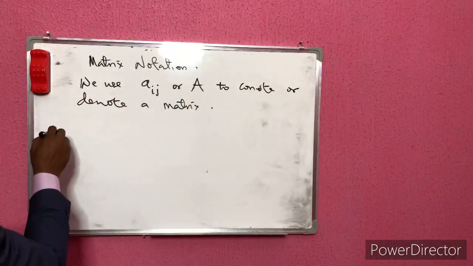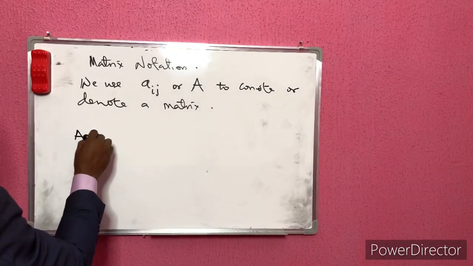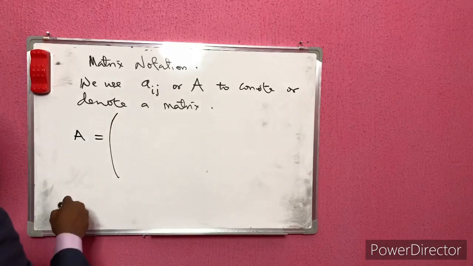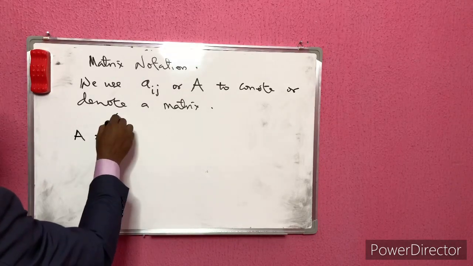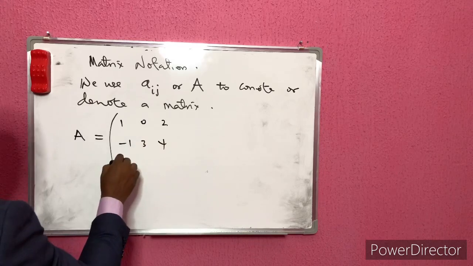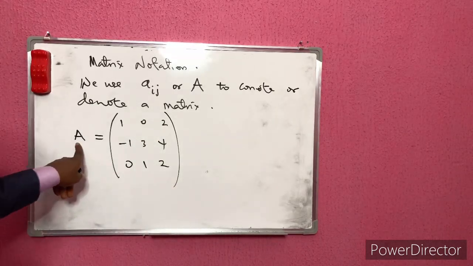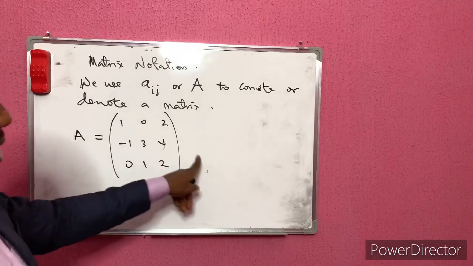That is to say that A is a matrix. Let's say 1, 0, 2, minus 1, 3, 4, 0, 1, 2. You see, we use A to denote this matrix.